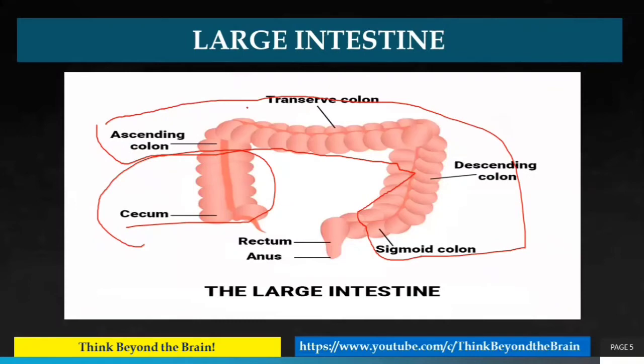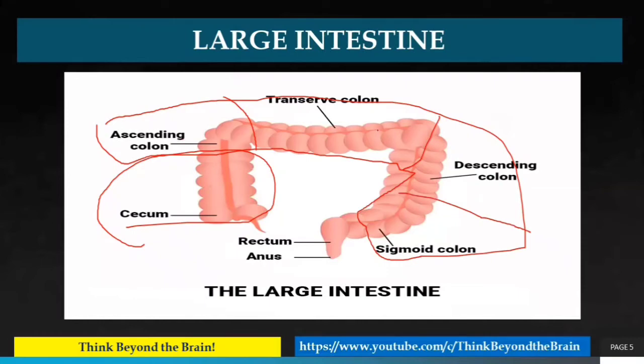This part is called the ascending colon, where the colon starts. This is the transverse colon, which travels from one side to the other. This is the descending colon, the last one. And this is the sigmoid colon, because here it is turned a little bit. So these are the 4 parts of the colon.